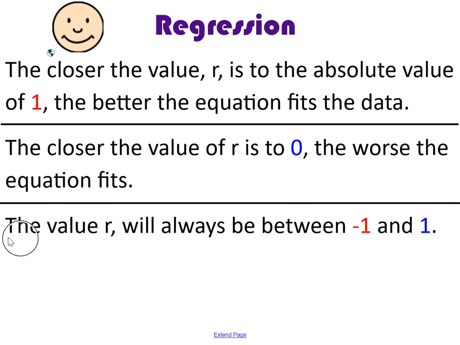Now, we have written this in words. I'm actually going to put some dots on the page to show you what I mean. If you had dots that went in a perfectly straight line going up, you would say your r value is close to 1. If you had dots that were going down in a perfectly straight line, you would say your r value is close to -1.